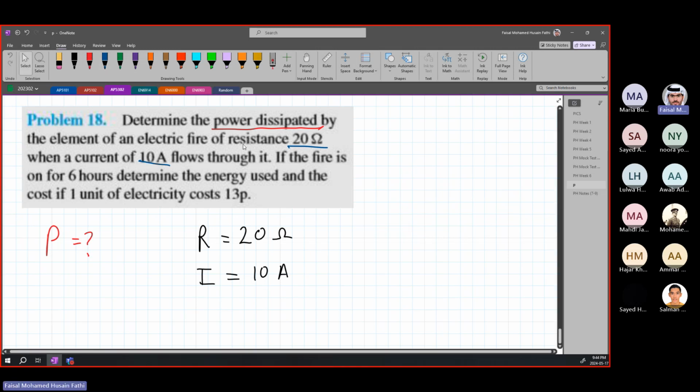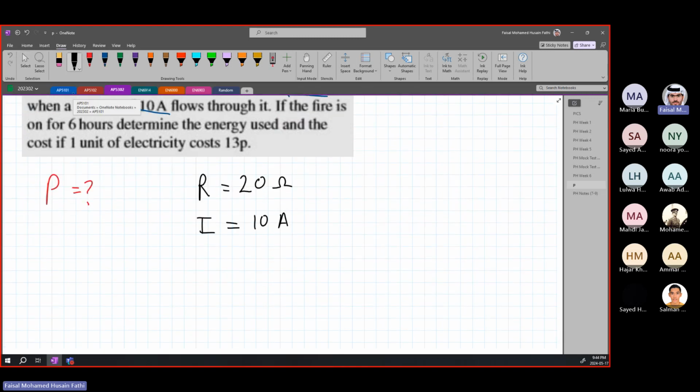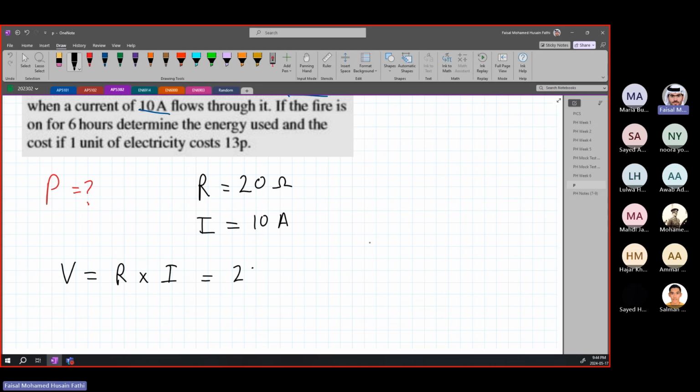Now, obviously, we can determine this directly. Before continuing with the question, we want to find power dissipated. How do we do that? Simple. First, we can apply Ohm's law. V is equal to R times I, which is 20 times 10, since the units are all correct and in standard form.